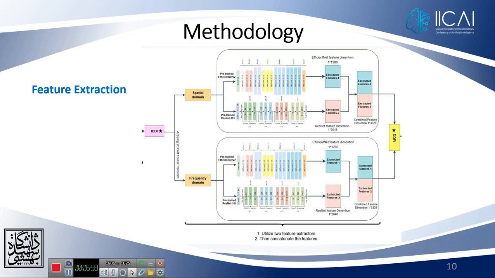Forgery artifacts manifest at multiple scales. Some manipulations leave global structural inconsistencies like a misaligned jaw or unusual expression. Others leave local textures, which are anomalies like inconsistent skin pores or blurred boundaries around the eye, for example.